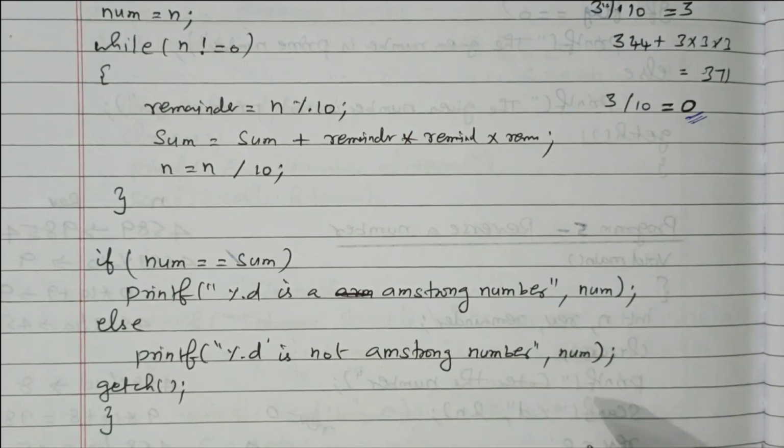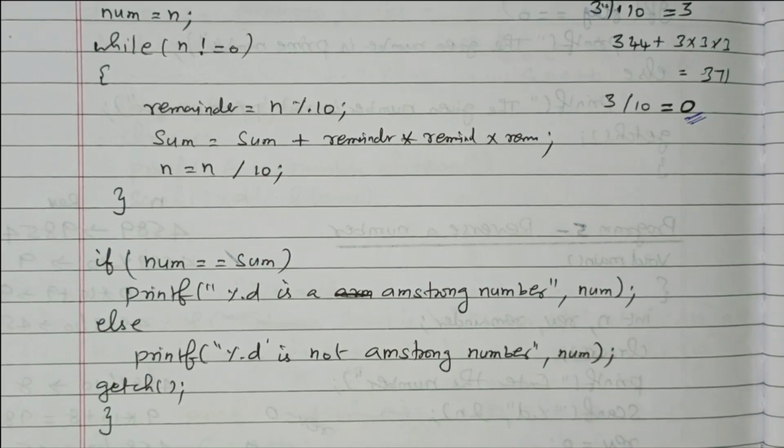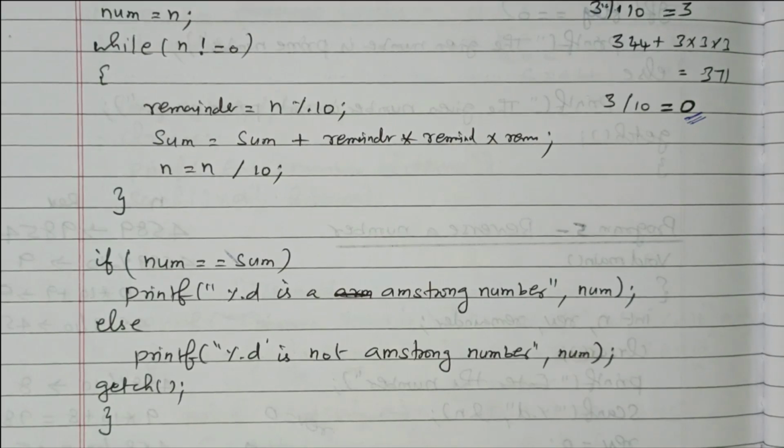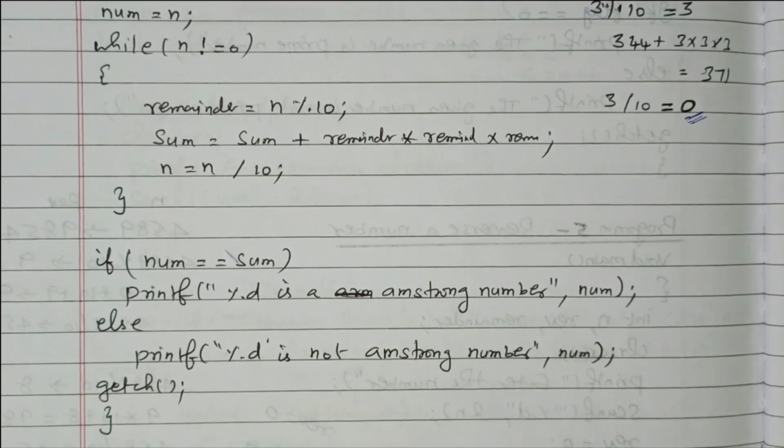So in this program we discussed how to find whether the given number is an Armstrong number or not. An Armstrong number is one where the cubes of the individual digits, when added, give the same number itself. For example, 371 means 3 cube plus 7 cube plus 1 cube gives the same value.